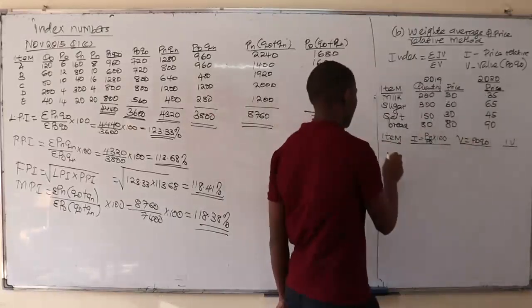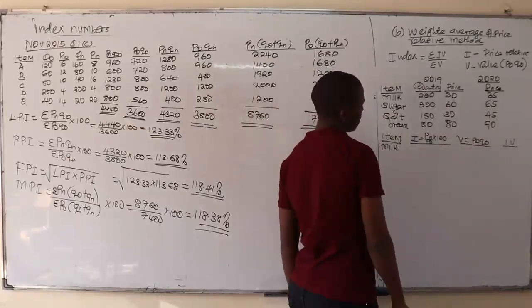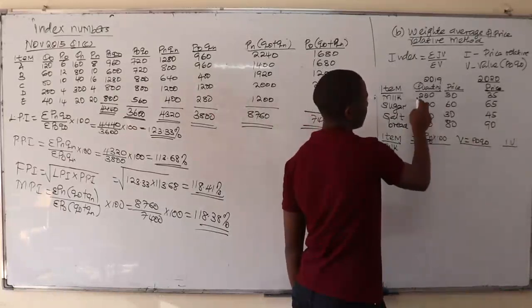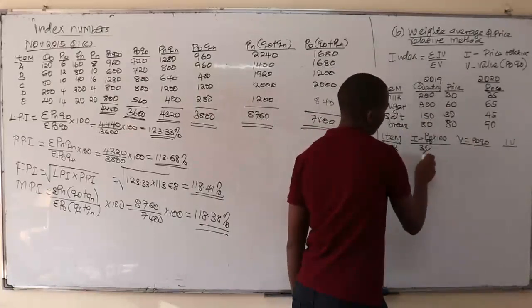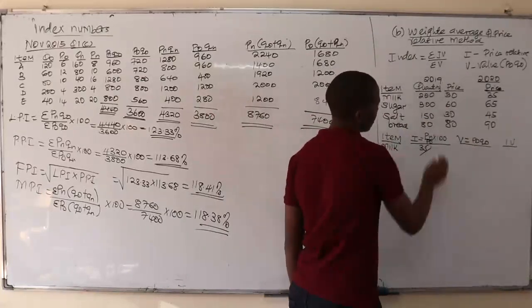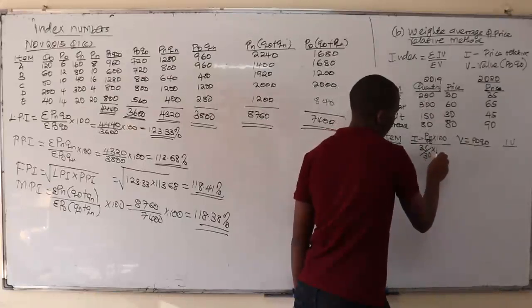So we begin with milk. We use which one as our base? It will be 35 over the unit price, multiplied by 100.